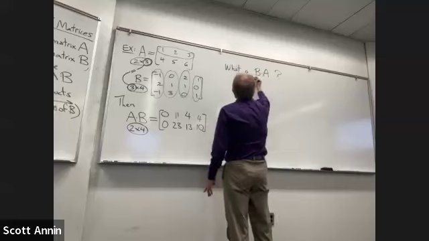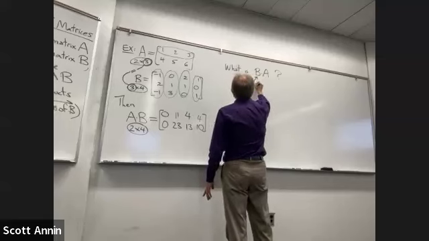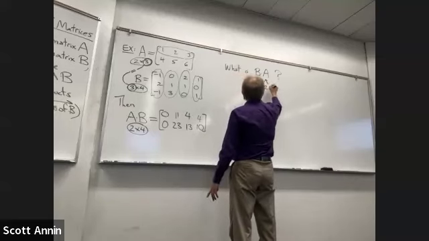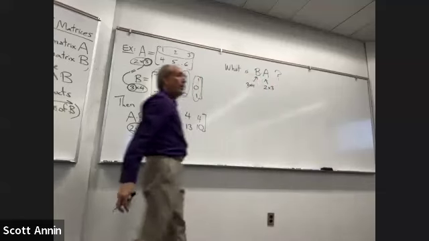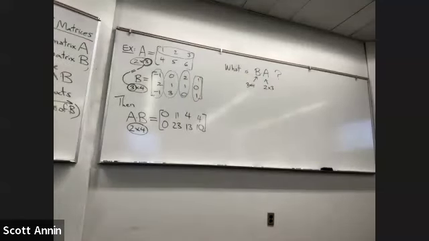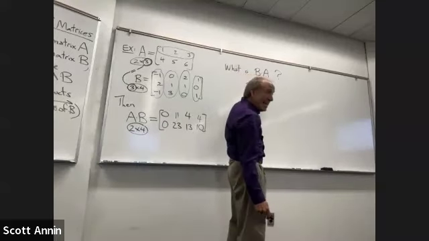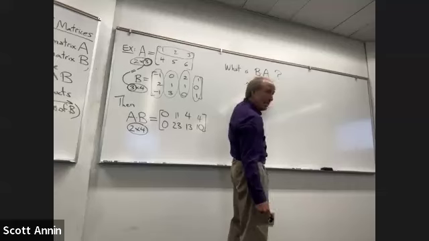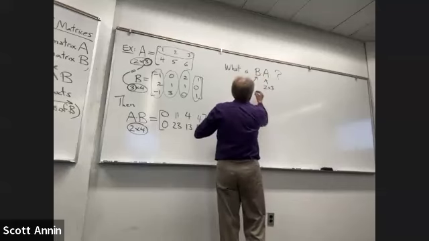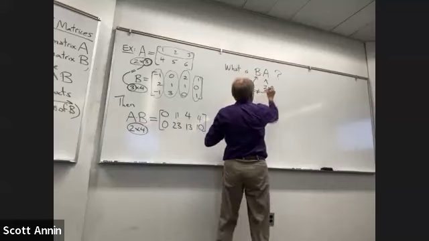Keep in mind, B was 3 by 4, and A was 2 by 3. So my question is, first of all, does that work? You know what? The sizes are wrong. If this is my M and my N, then this would have to be the N, and it's not matching, right? These two do not match anymore.